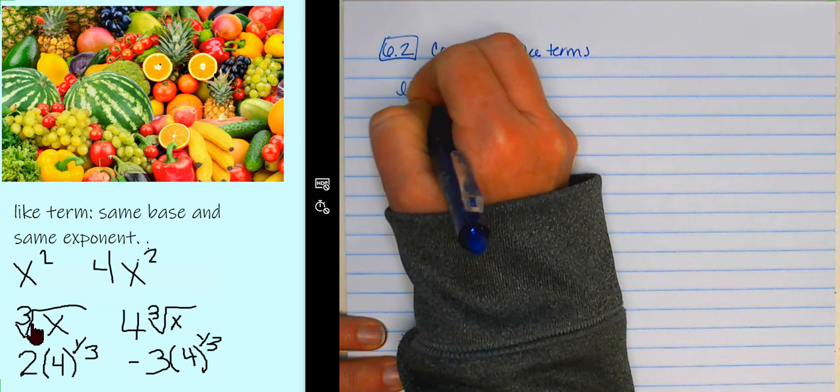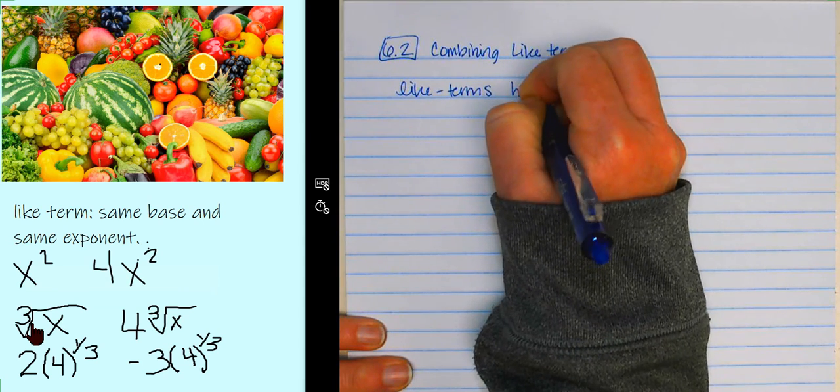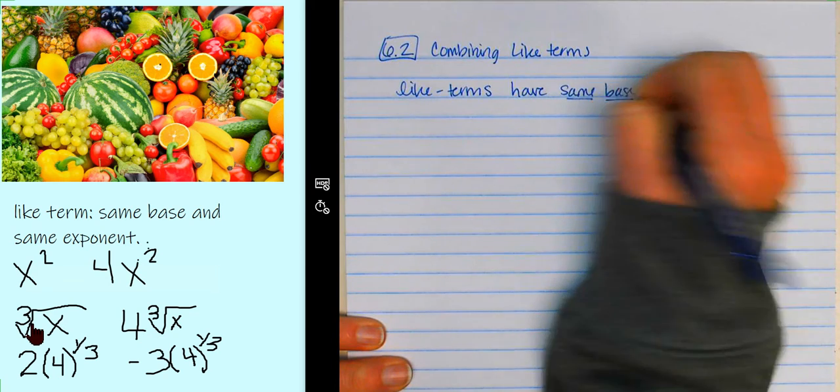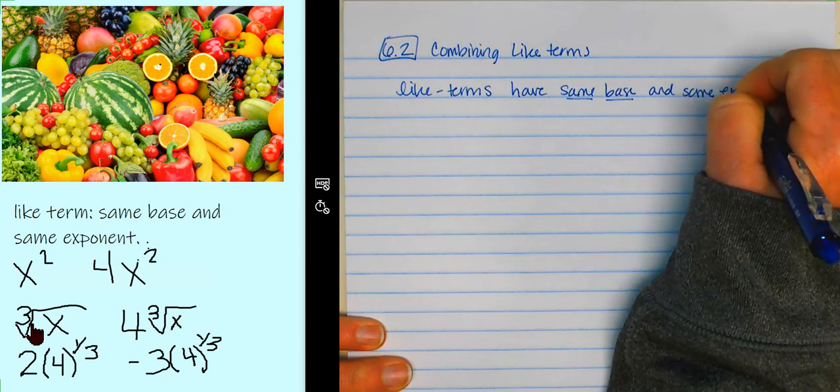So I've already written it down, but you need to make a note that like terms have the same base and the same exponent.